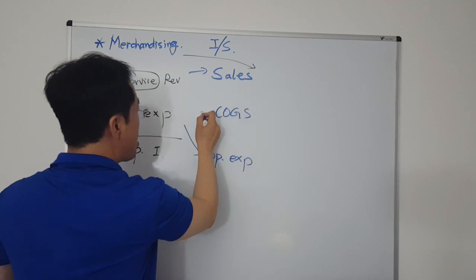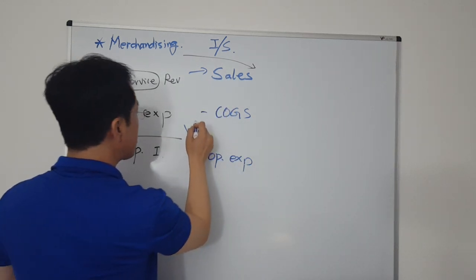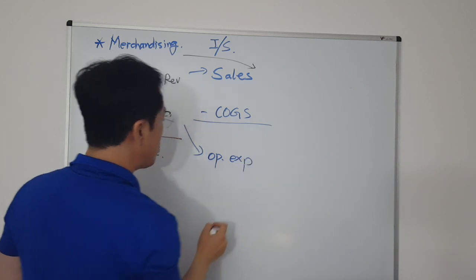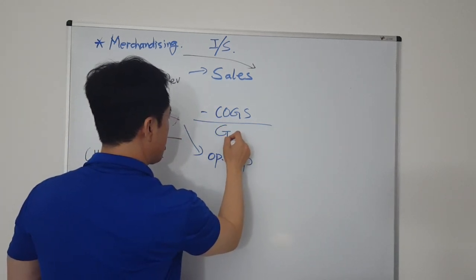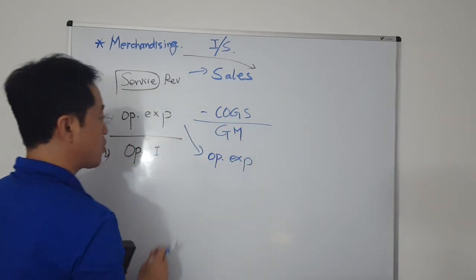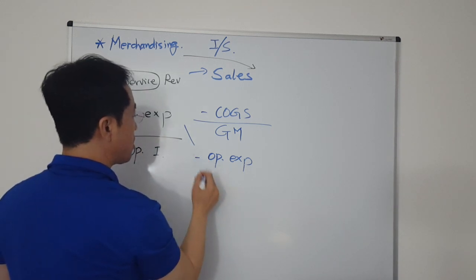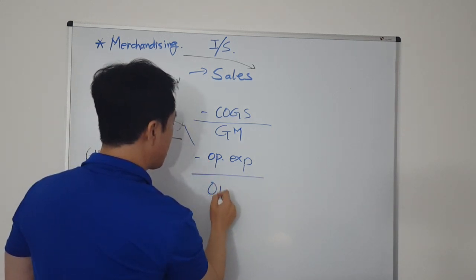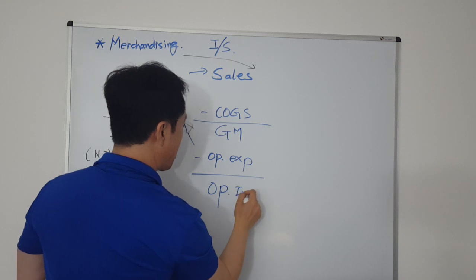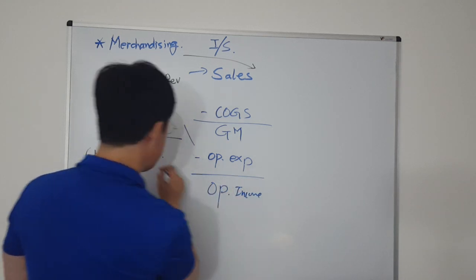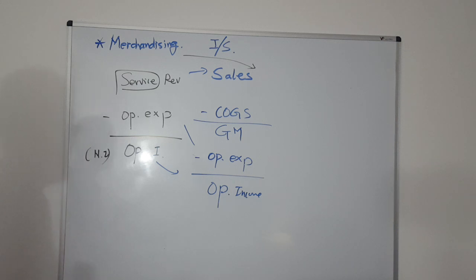So we have two sections for expense under merchandising industry. Sales minus cost of goods sold, we call gross margin. Gross margin minus operating expense, then operating income. Same as this one. Good?